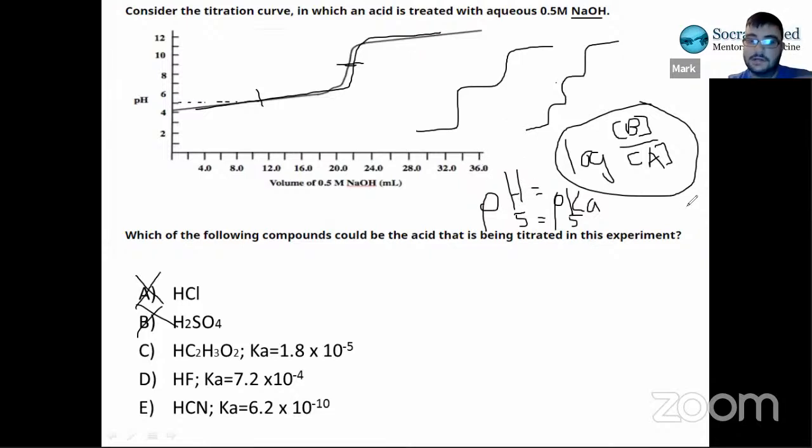They give us the Ka values of all of these, and we know the conversion of Ka to pKa. This has a Ka of maybe 5-ish. It's not exact because you're multiplying by 1.8, but it's about 5. This would be maybe 4.5, and this would be 10.5, something like that.